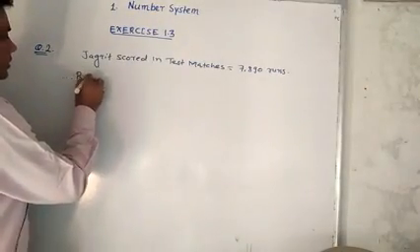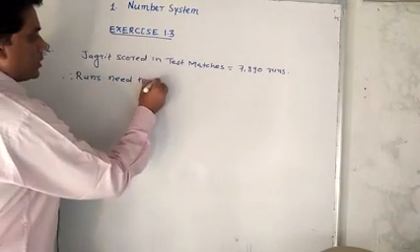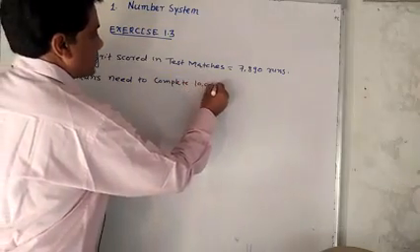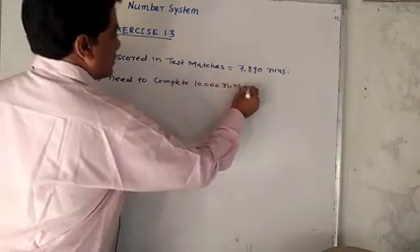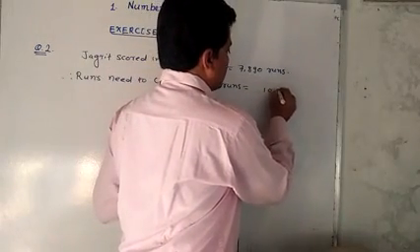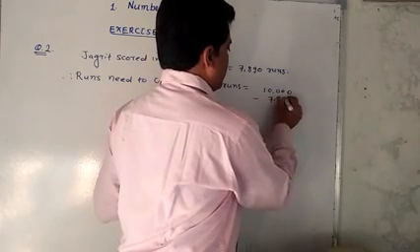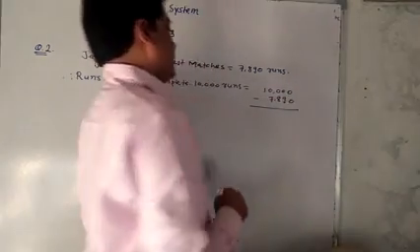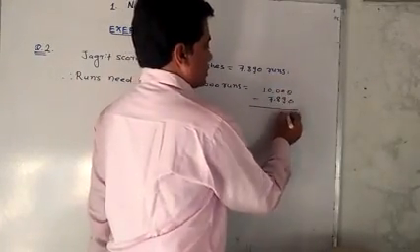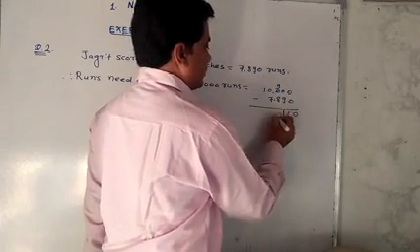Therefore, runs needed to complete 10,000 runs is equal to 10,000 minus 7,890. Hence 0 minus 0, 0. 10 minus 9, 1. Here 9, 9 minus 8, 1.